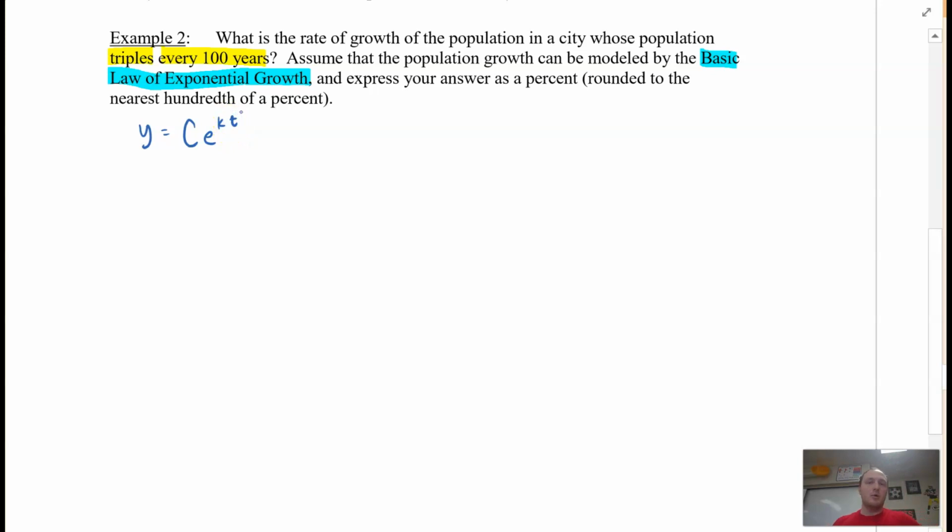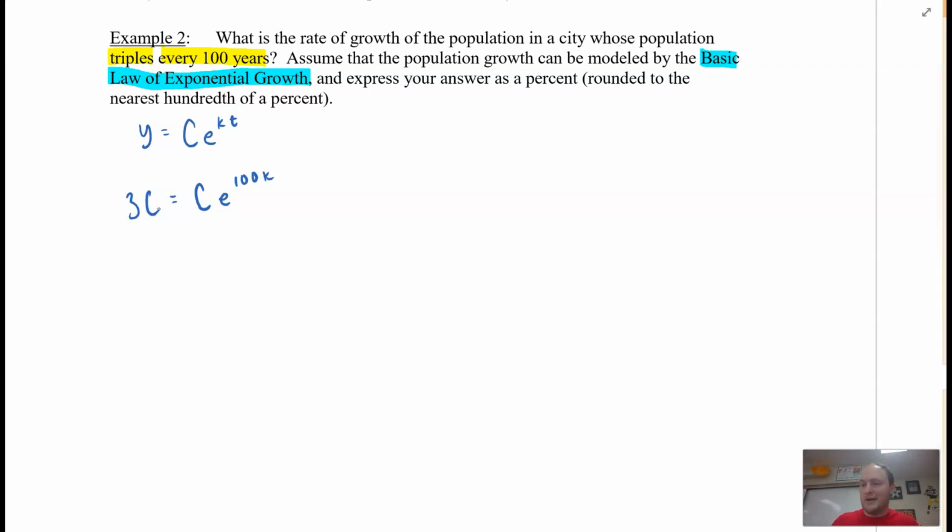Okay, well, what they told us in the problem is that the population triples every 100 years. So if a population starts out at c, in 100 years, so when t is 100, then it will be 3 times that amount of population, so 3c, okay?